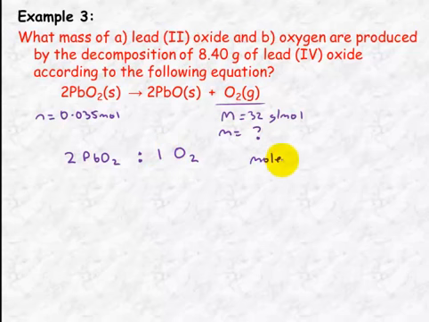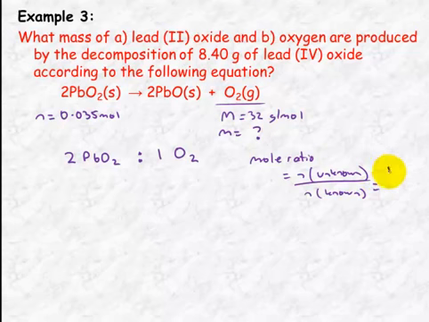So if we work out mole ratio equals number of mole of unknown divided by number of mole of known, which will equal 1 divided by 2. So mole ratio is a half, and that makes sense. 2 lead oxide will produce a half the quantity of oxygen.